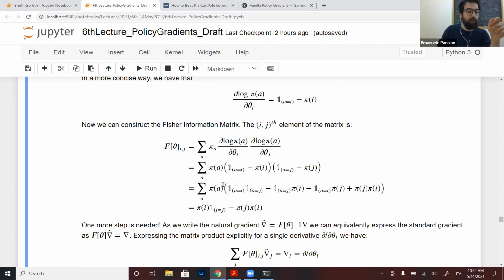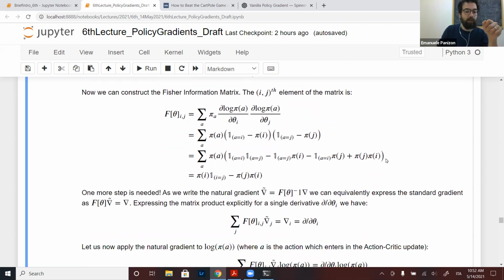If you do this calculation, it is very simple. Why is it simple? Because you always know that the sum over a of π a sums up to 1. So from this, only 2 terms survive in the end. Please, it's very simple to do this calculation.